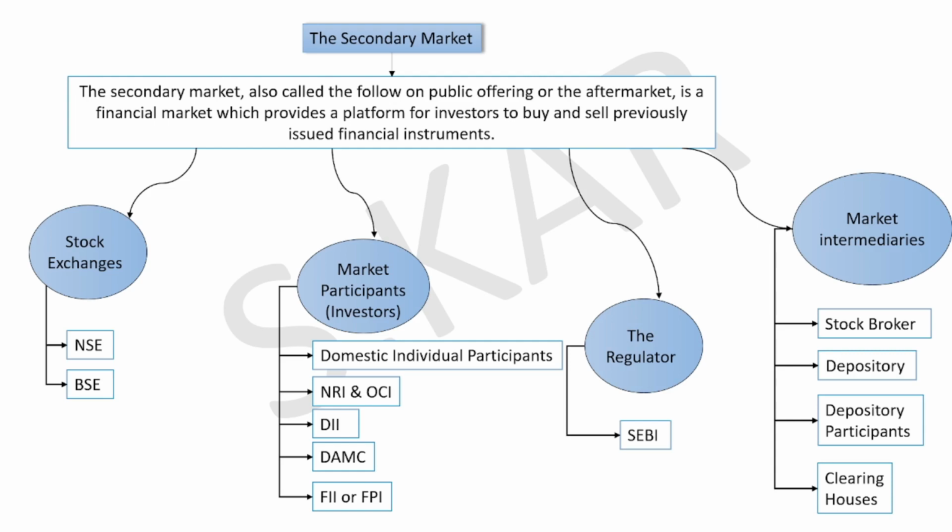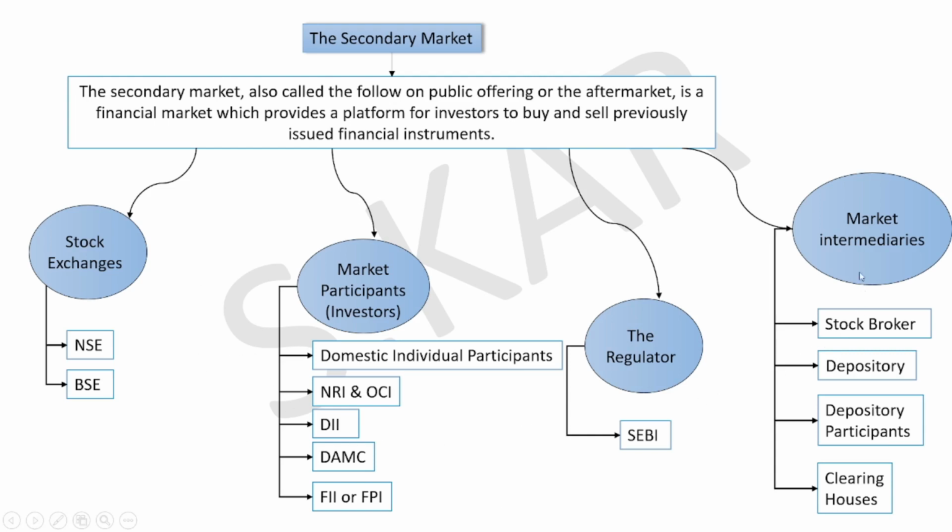So when you buy a share, you get it from another person, and this process might sound very simple, but it is carried out through a number of steps which are carried out by these entities.